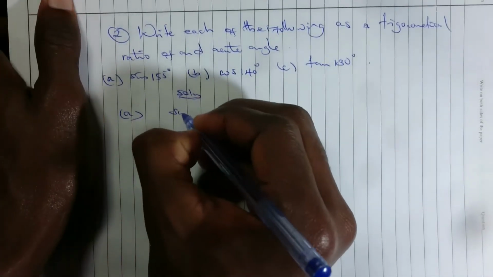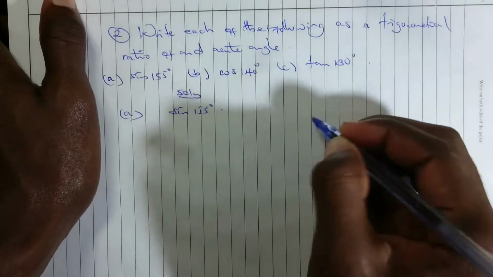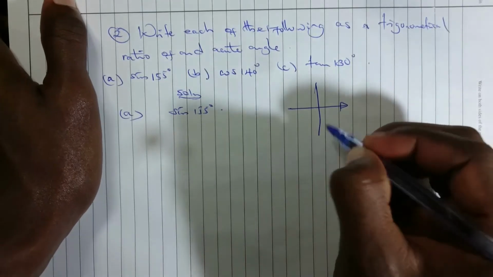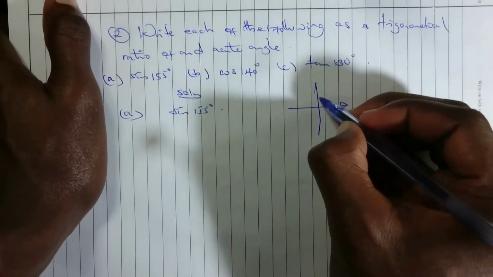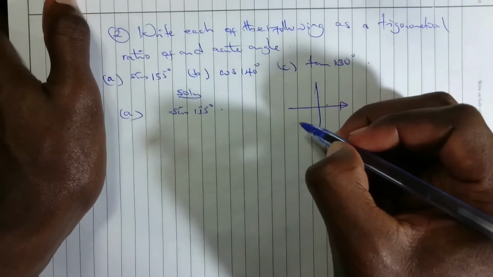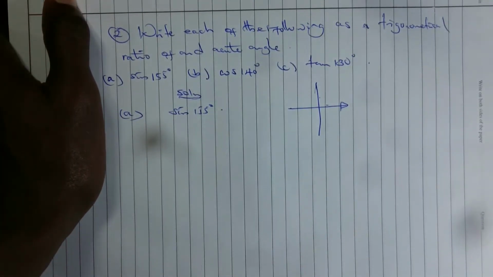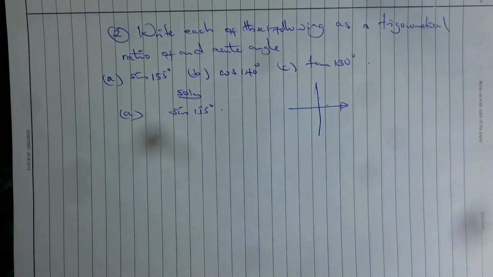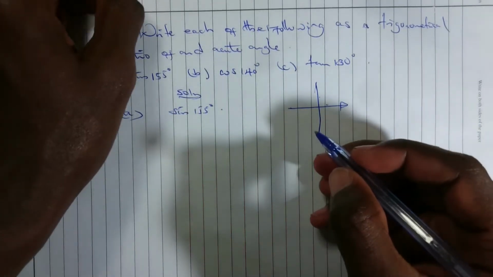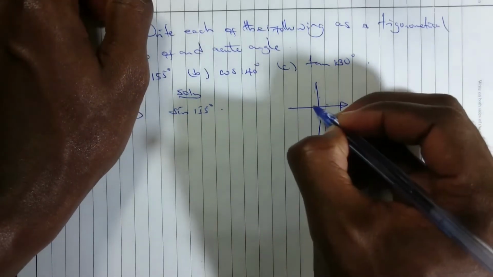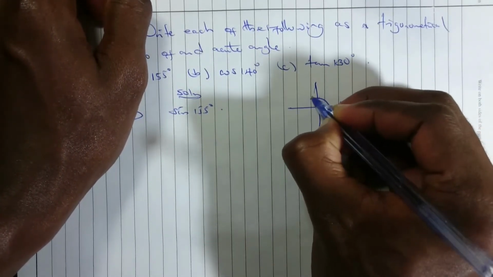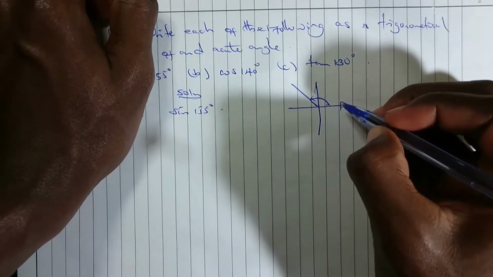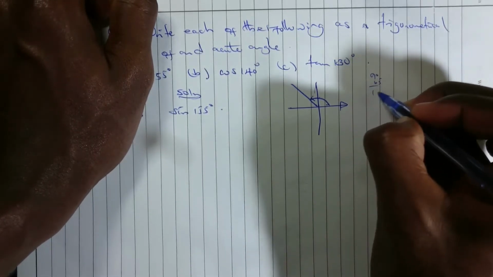Solution: we have sine of 155 degrees. So you go and draw some side work here. You draw your quadrants. 155 is actually 90 plus some angle into the second quadrant, which I think is 65. So 90 plus 65 gives us 155.